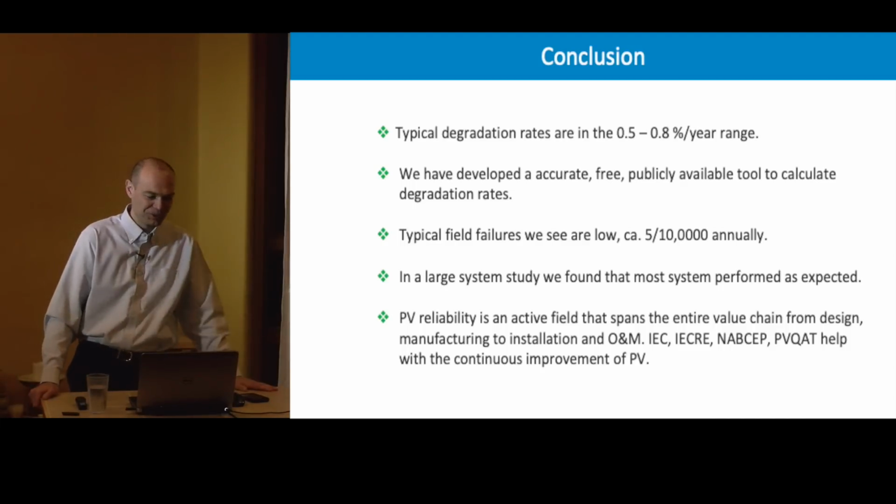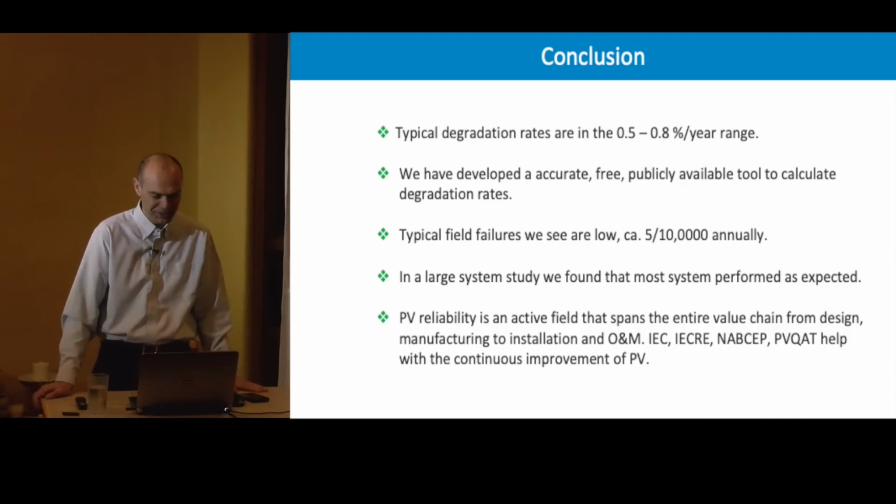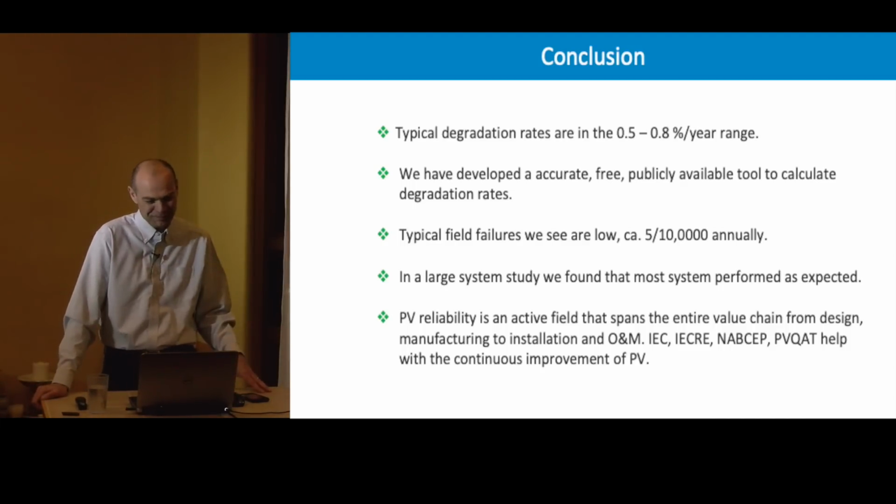So I do have a conclusion slide. Back to the serious part, and then I'm done. We typically see degradation rates in the 0.5 to 0.8% per year range, which is just not bad. We've developed an accurate and freely available tool to calculate those. Typically, failures where we have to replace modules are low.